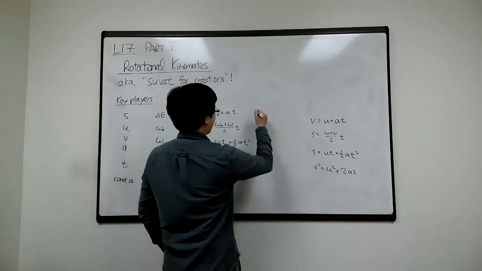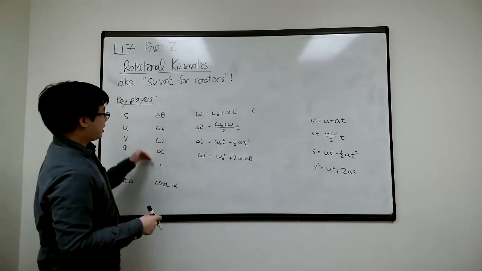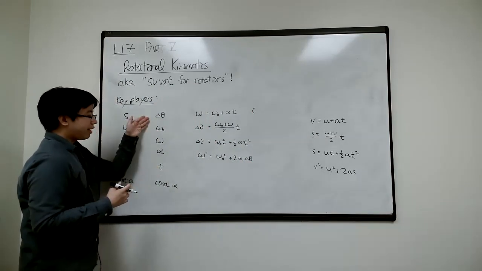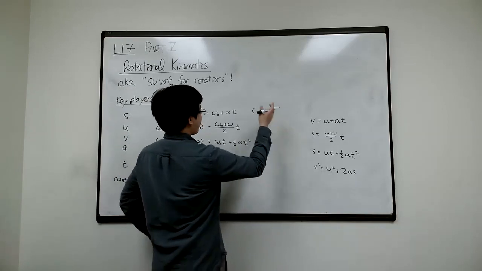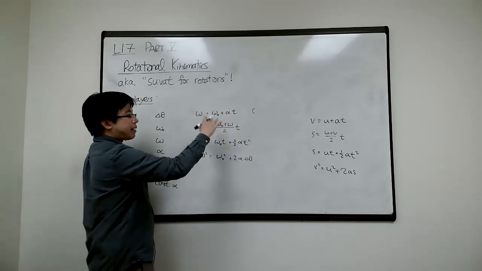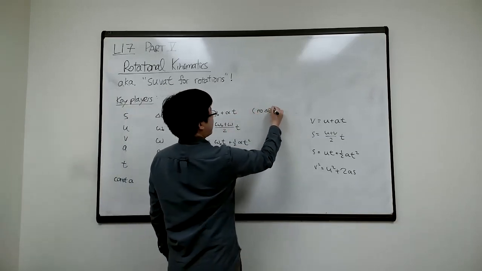For all the problems, I'll show you an example in a second, it's the same procedure. You write out what you know, what your aim is, and what you don't care about. Usually you need 3 out of 5 to be able to find everything. So you write out which 3 you know from the problem and pick an equation to use. This one has no angular displacement.